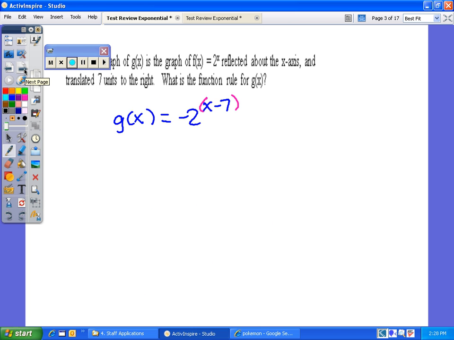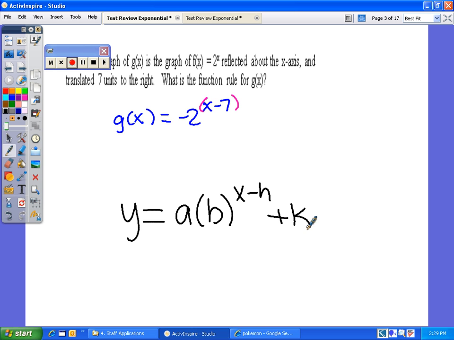Alright, so for transformations, you have to remember this. Okay, remember A represents your vertical stretch or your vertical shrink. You're going to stretch if A is greater than 1.